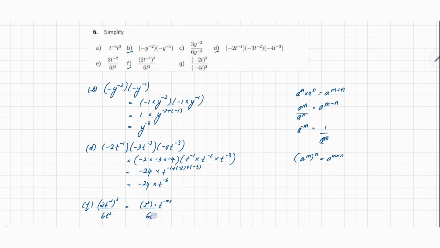So 2 cubed is 8 over 6 times t to the power minus 3 over t squared. We can use this rule, and we have 4 over 3 times t to the power minus 3 minus 2. So that's 4 over 3 times t to the power minus 5.